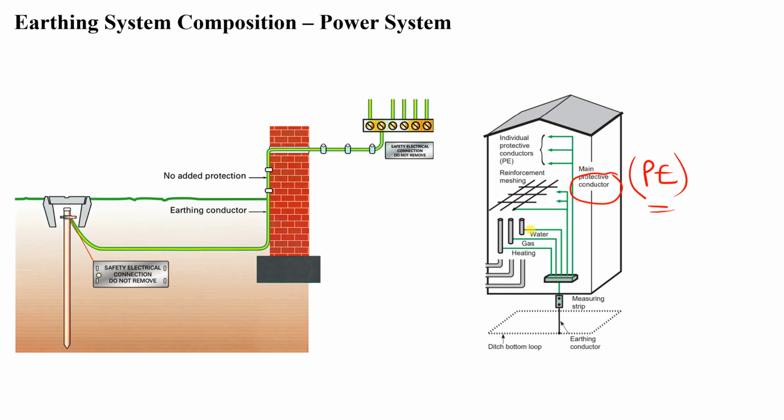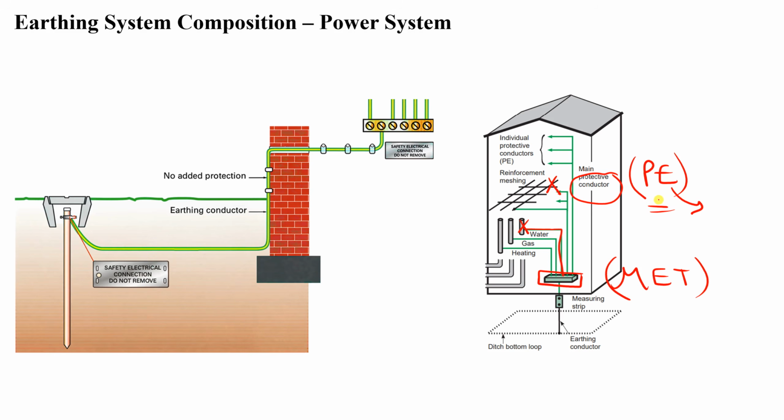For example, when we have a water pipe, which is a metallic pipe, or a gas pipe, or any metallic enclosure or metallic equipment which normally does not carry any electrical current, we use a protective earth conductor like this one to connect this metallic enclosure to what we call the MET, or the main earthing terminal.